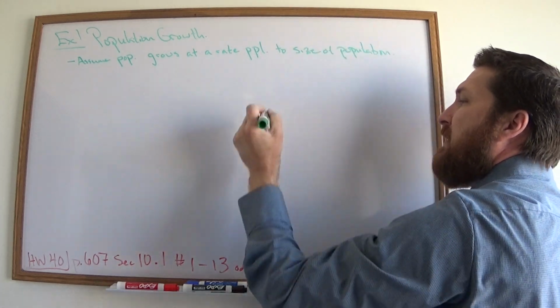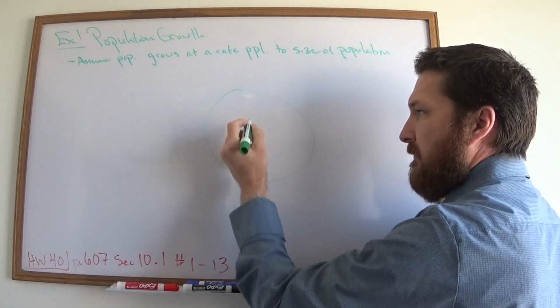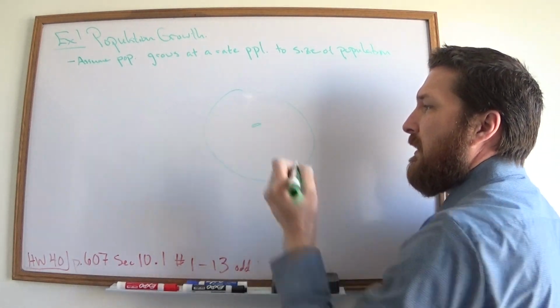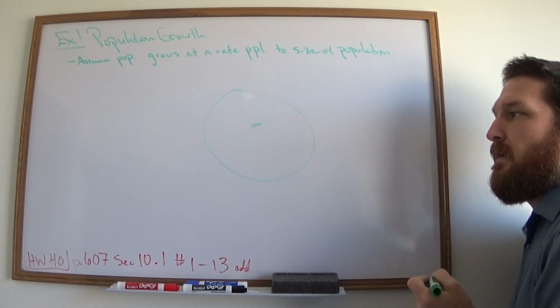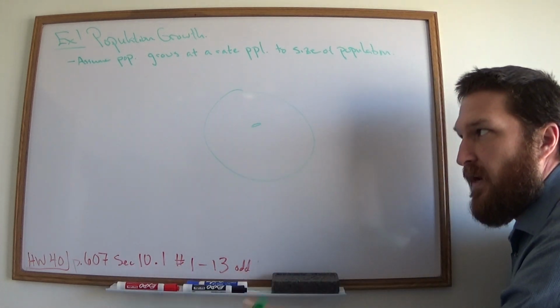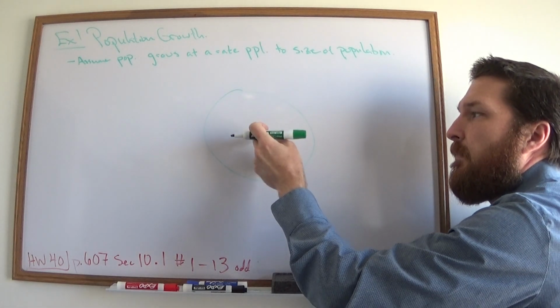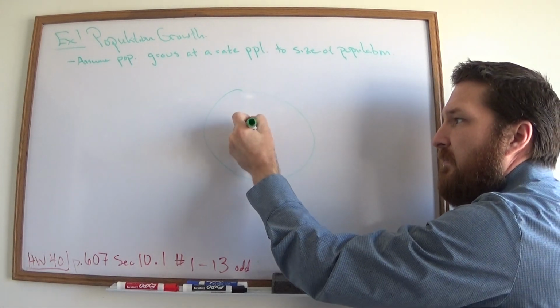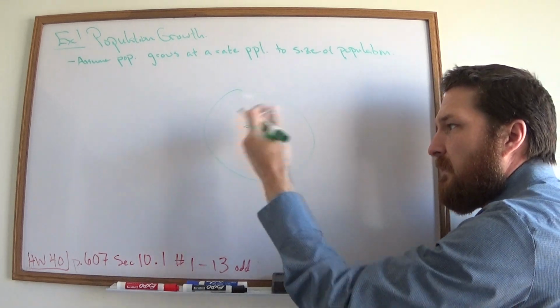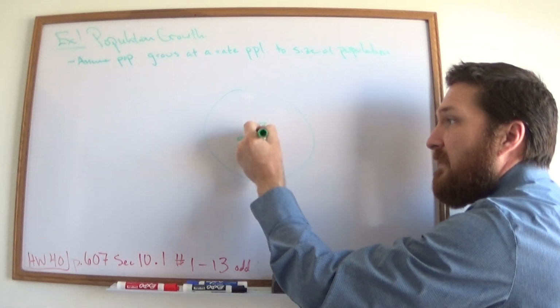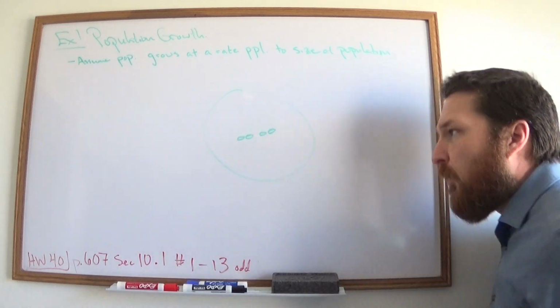Think about a petri dish with a bunch of bacteria in it. If there's one bacterium there, it divides at a certain rate. It's going to divide, and now you have 2 of them. Then they'll each divide, and now you have 4 of them.